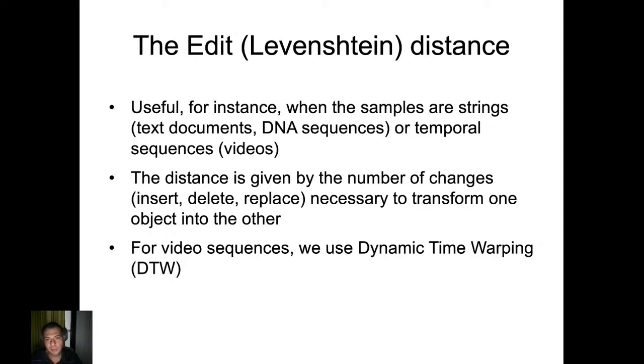These changes make sense to consider for DNA sequences because, for example, we can have mutations, and all these operations, insertion, deletion, and replacement, can commonly appear on DNA sequences when they replicate.